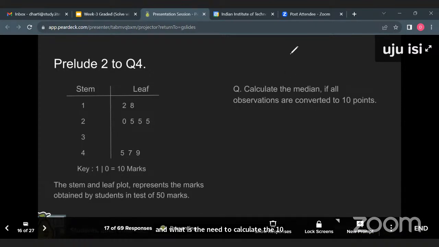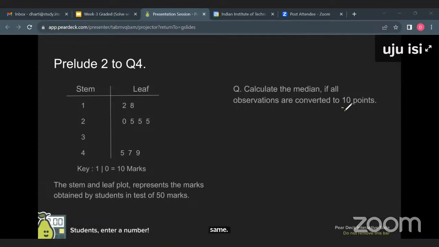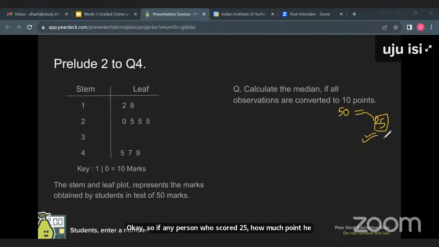See, if a student has taken a test of 50 marks and you calculate the mean, the mean is 25, but the teacher wants to give points, not marks. If any person scored 25, how many points will he obtain? He will not obtain 25 points, right?